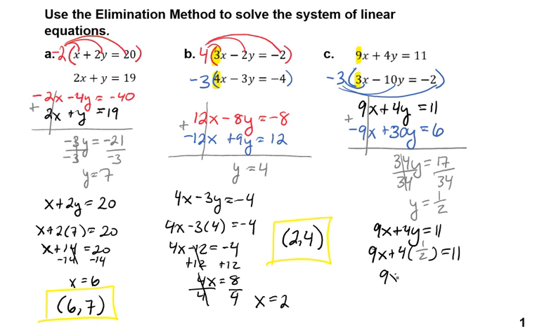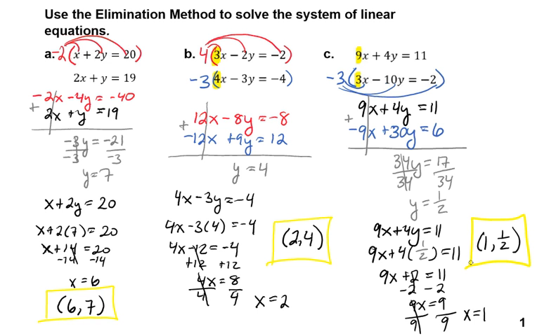So now I have 9x, and 4 times 1/2 is 2. So 9x plus 2 equals 11. I'll subtract 2 from both sides and get 9x equals 9. And when I divide both sides by 9, I get x equals 1, leaving me with a solution of 1 comma 1/2. And when I plug that into both of my equations, I see that they work, meaning that my solution is 1 comma 1/2.